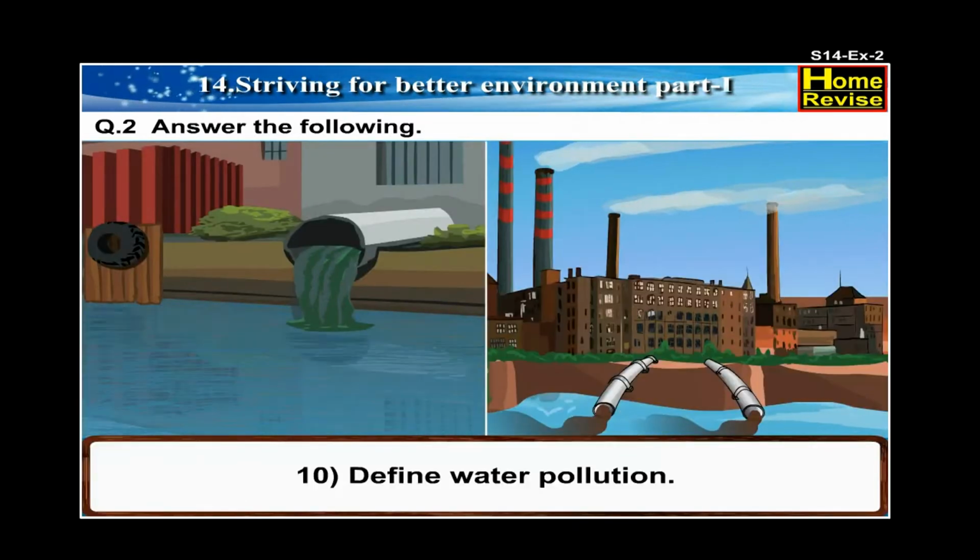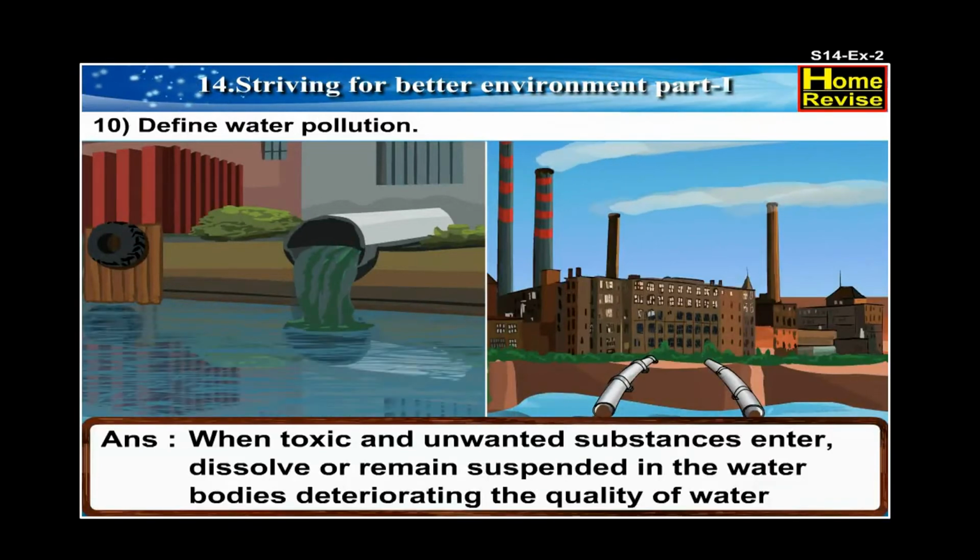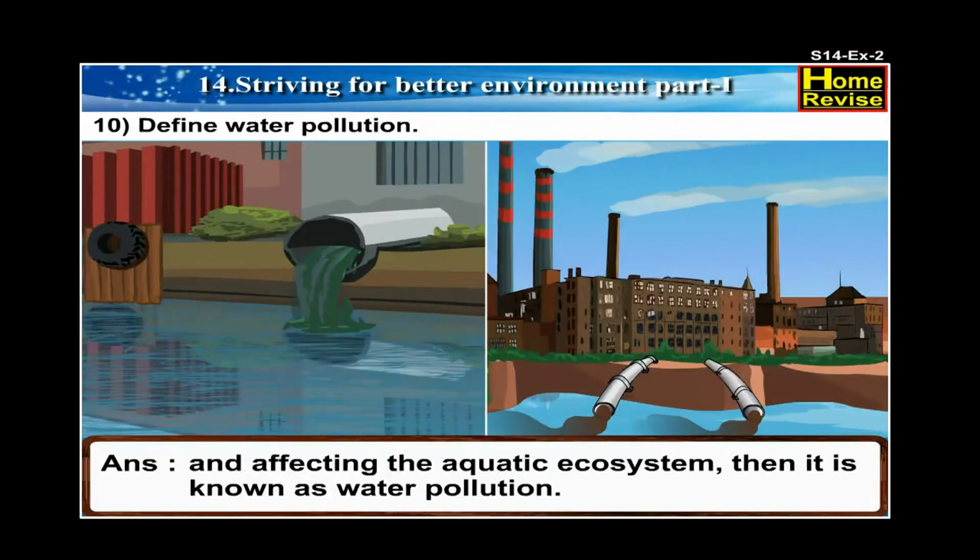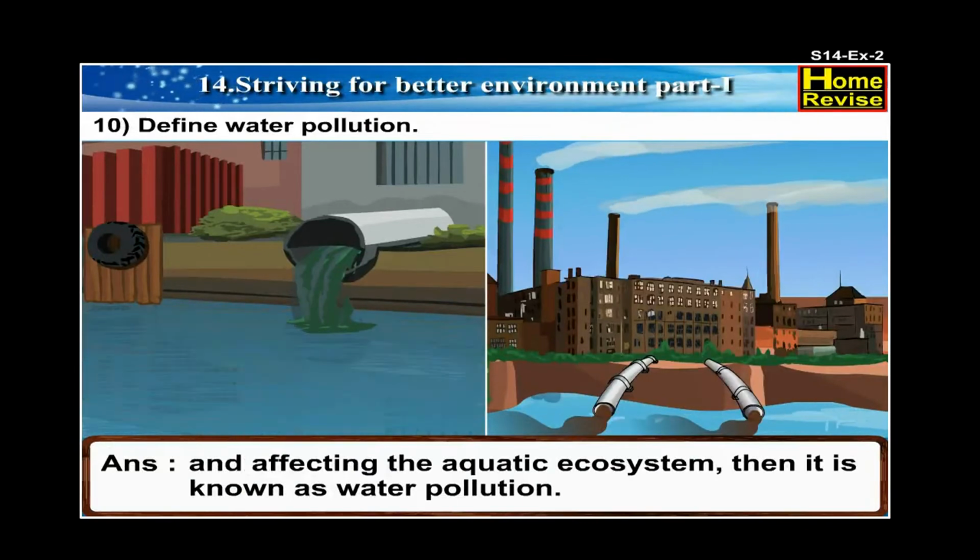Ten. Define water pollution. The answer is when toxic and unwanted substances enter, dissolve, or remain suspended in the water bodies, deteriorating the quality of water and affecting the aquatic ecosystem, then it is known as water pollution.